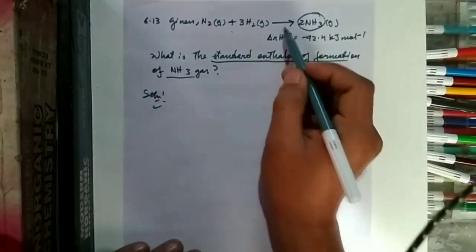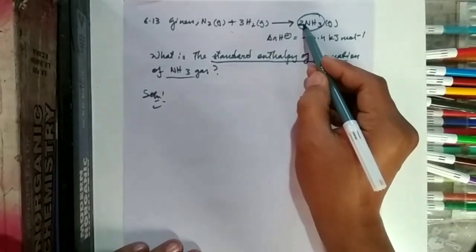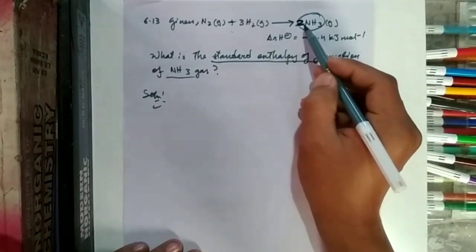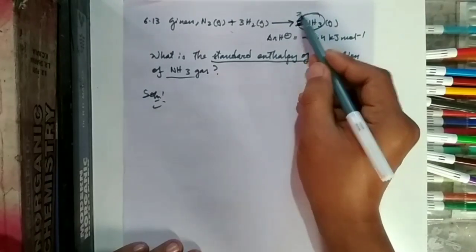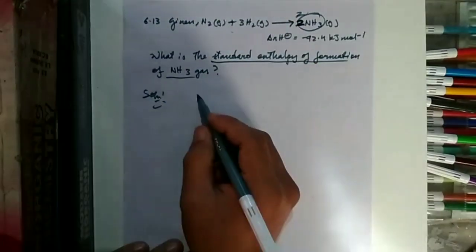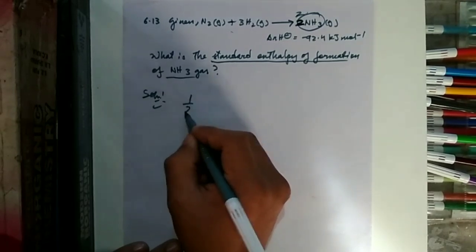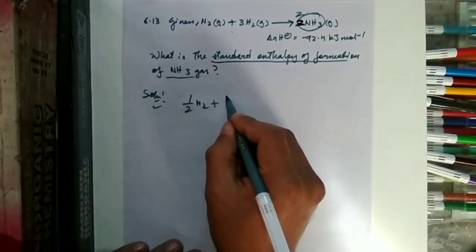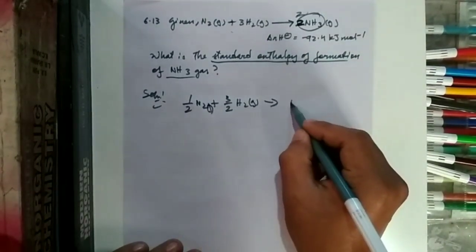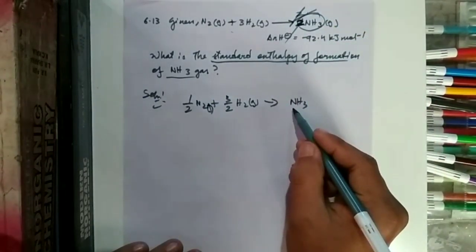In order to convert this into 1 mole, we have to change these 2 moles to 1. So simply we can divide it by 2. So we can write the chemical reaction of the formation of ammonia. For 1 mole of ammonia, we can write it as half N2 plus 3/2 H2 gives NH3. These 2 cancel and we are getting 1.